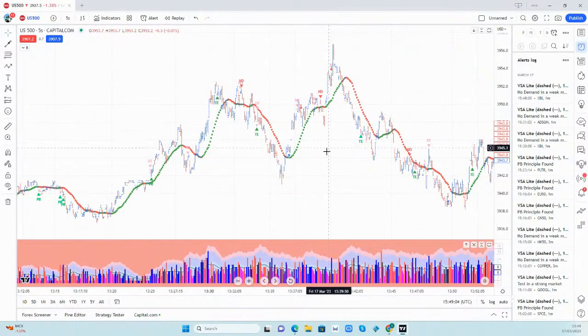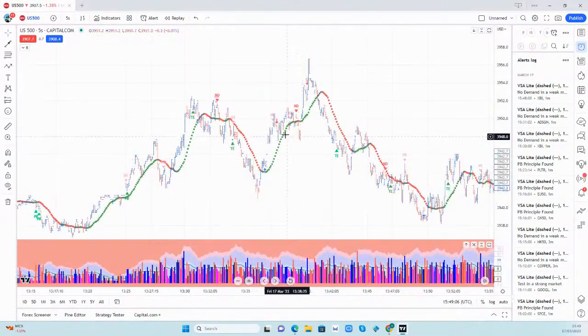Then I said to everyone, fine, I know this is going to push up further. Why? Because there was a failed no demand. There was an uptrend. There was strength behind me, and there is an uptrend in the general chart. It pushed up higher, and this is where I got filled again with profit.